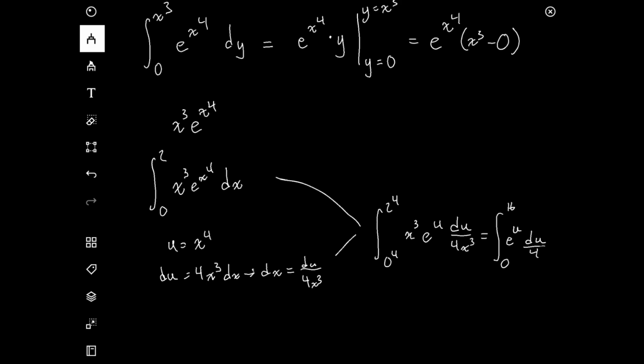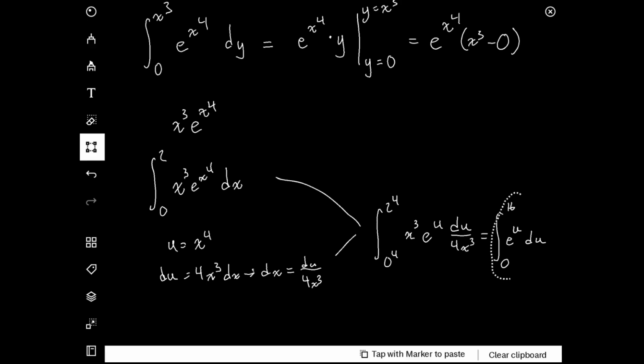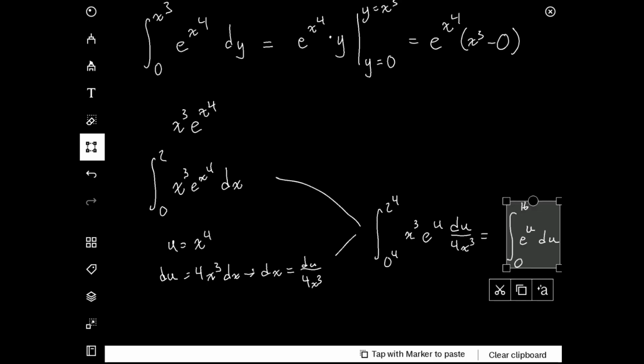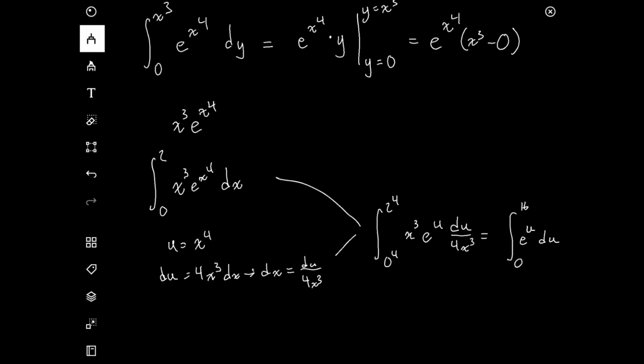And we can actually pull that 4 to the outside. It's 1 over 4. And that's easy to solve for.